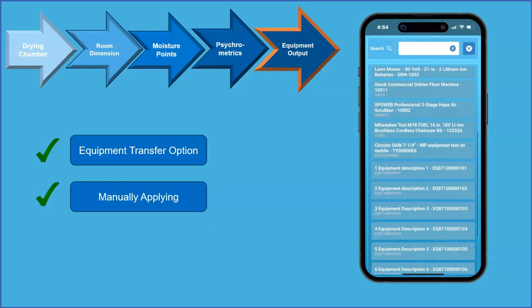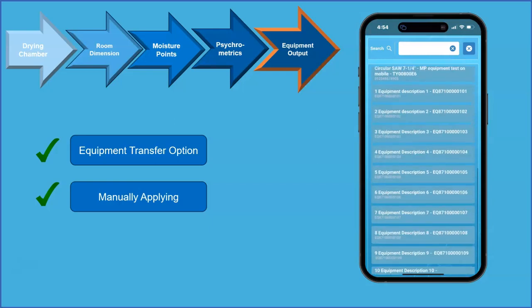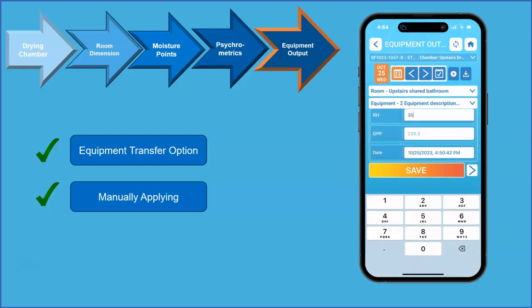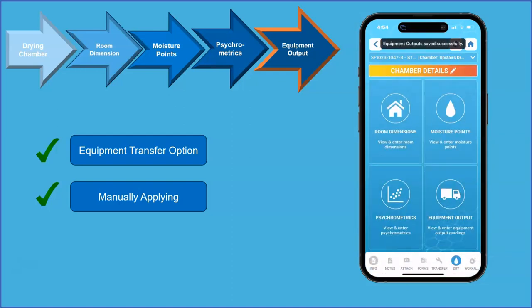It will display all the equipment in your current equipment list. Here, again, you can enter in the temperature and relative humidity. Once all information has been entered, select Save. Once your equipment output has been entered successfully, it will carry you back to the main chamber details home screen.